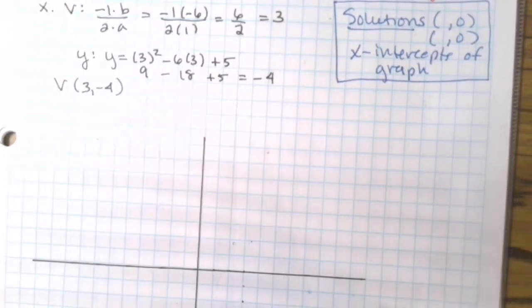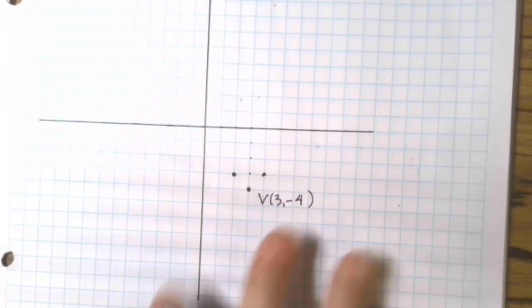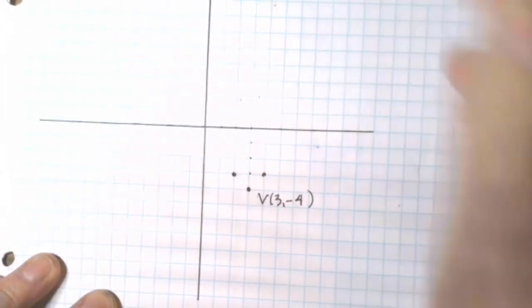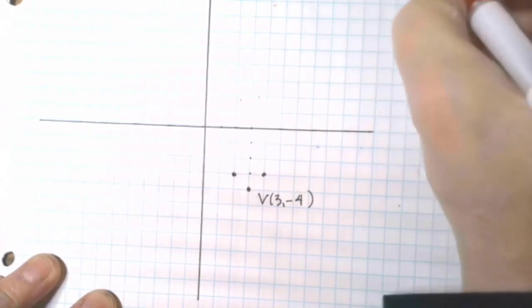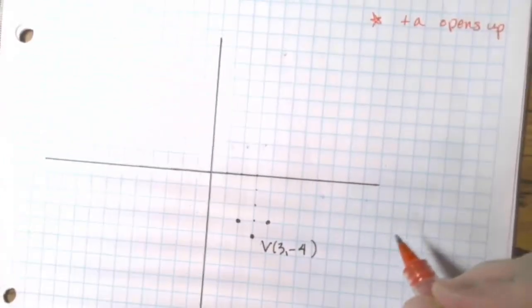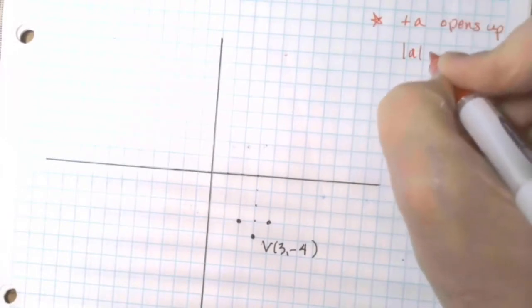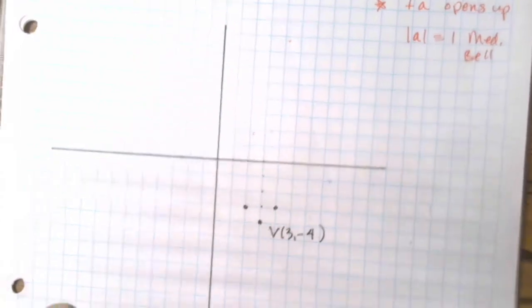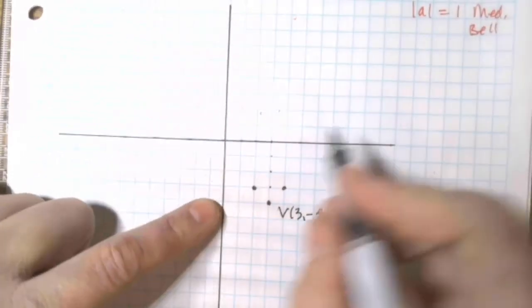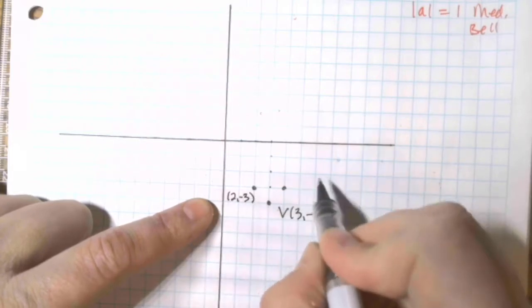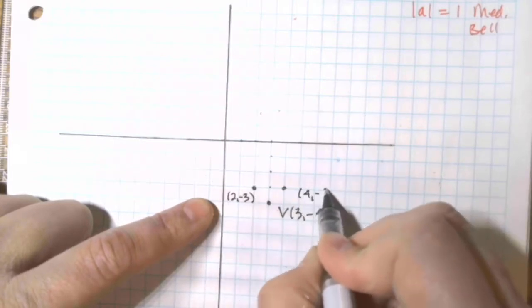As a result, we have 2 points we get for bonus. So again, just to put that out here on the side, a is positive, so it opens up. And the absolute value of a is 1, so it has a medium bell, and we get these 2 bonus points here. So this one is (2, -3). This one is (4, -3).